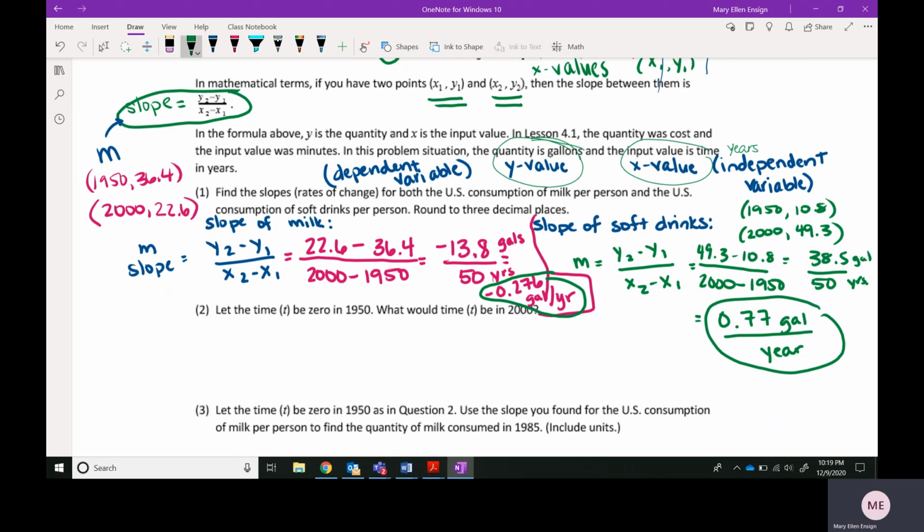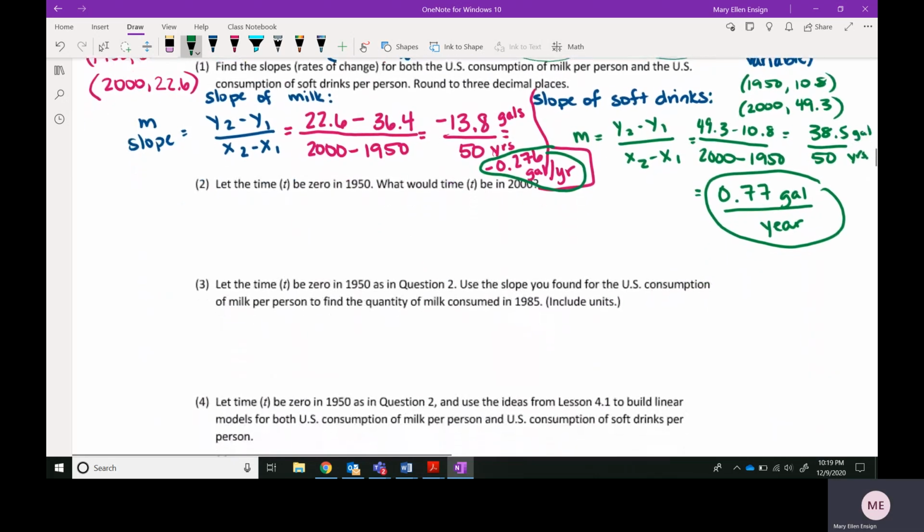Okay, so number 2 is just leading you into the next part. Let time t be 0 in 1950. So when 1950 is here, then t equals 0. Before we get to this, if I'm calling 1950 t equals 0, think about what I would call 1951.